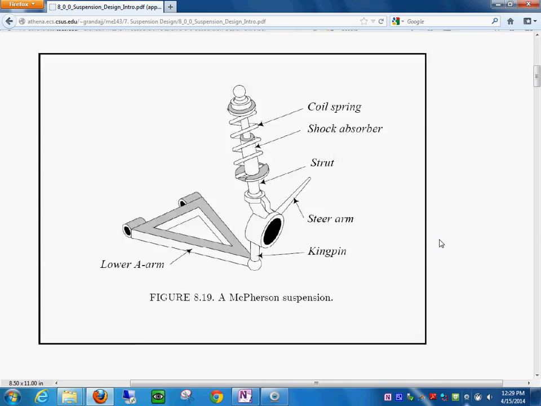But now you have this other kind of suspension. This has a lower A arm, but you notice it doesn't have an upper A arm. Instead, it has this assembly called a strut, composed of a coil spring but also of a shock absorber. And this strut is connected to the body of the car at the top.